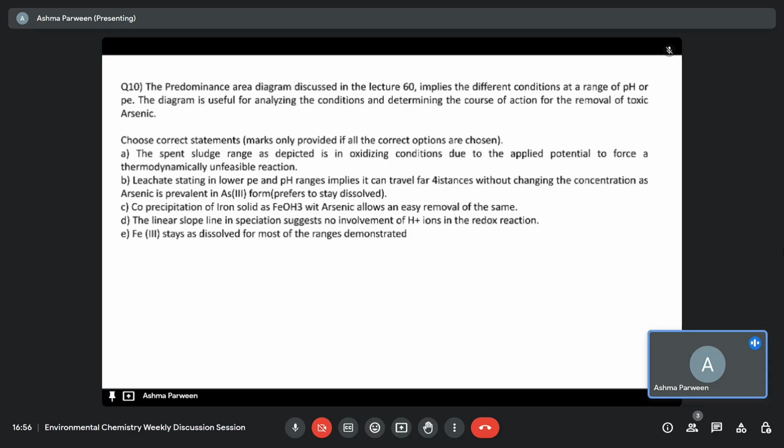So these five are the options, and there was a pH diagram between iron and arsenic species. Based on that figure, we have to find out which of the following statements are correct.